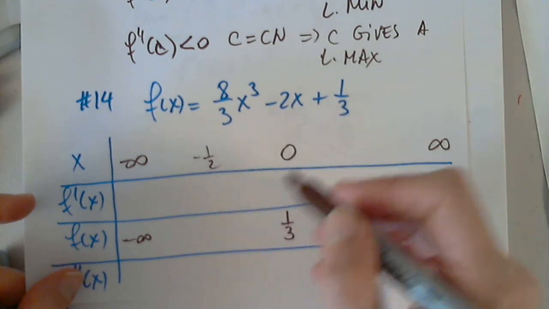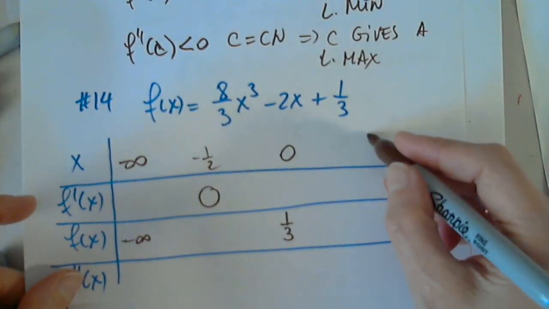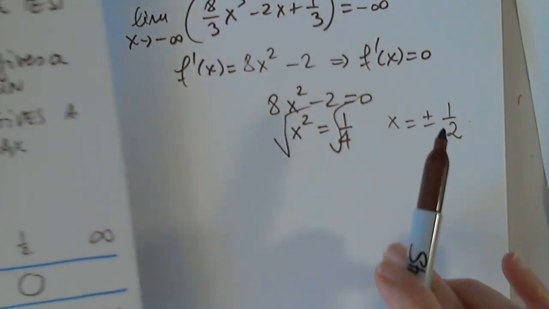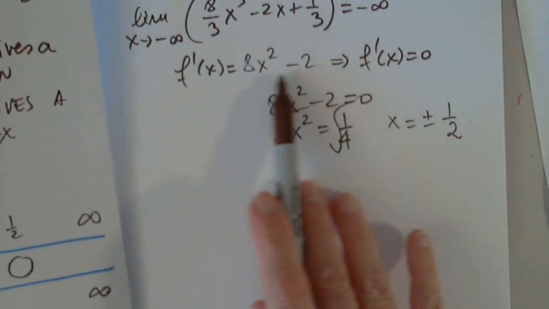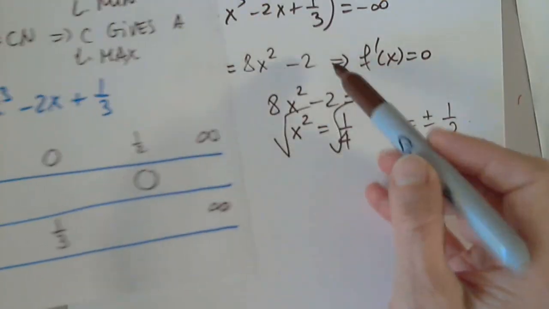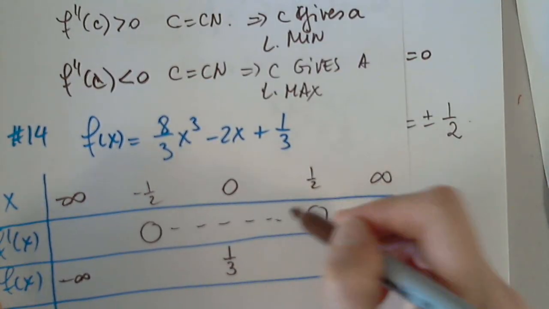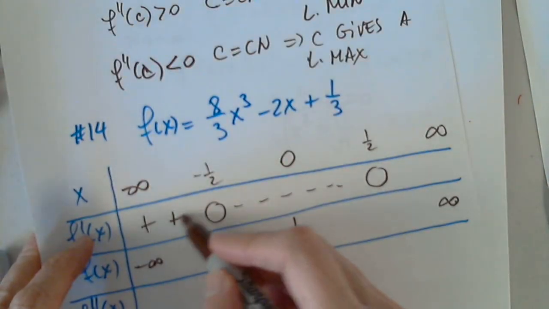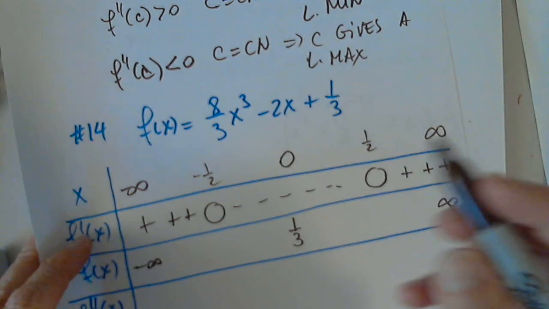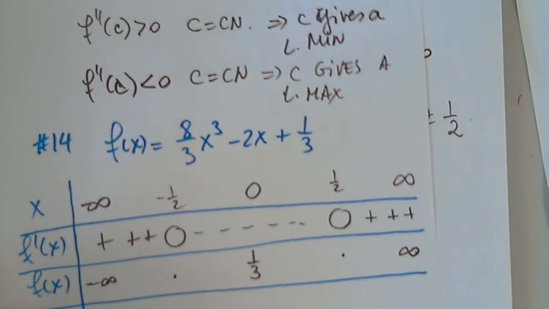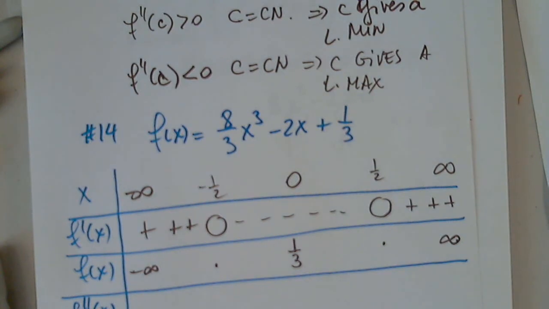So negative 1/2, positive 1/2. And when I study the sign of the first derivative, when I plug in 0, I get negative. And when I plug in 10 or negative 10, I will get positive for sure. Now I have to plug these values in the function, positive 1/2 and negative 1/2, to find the y coordinate.